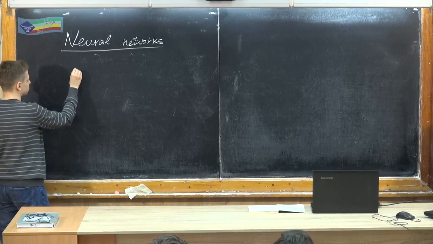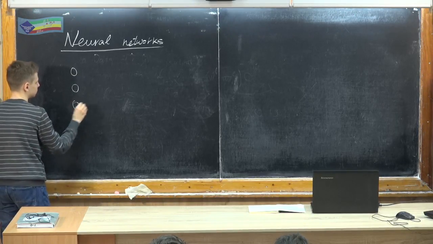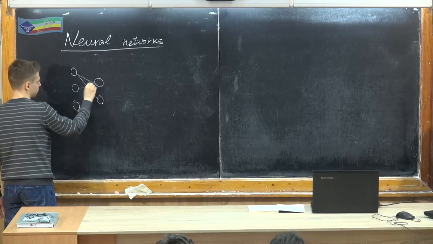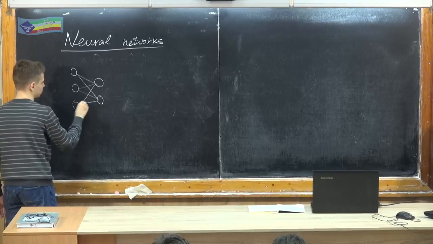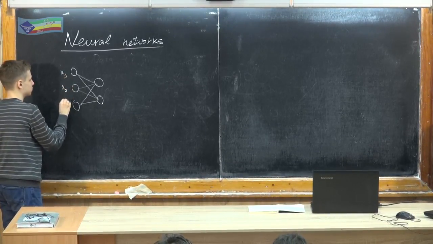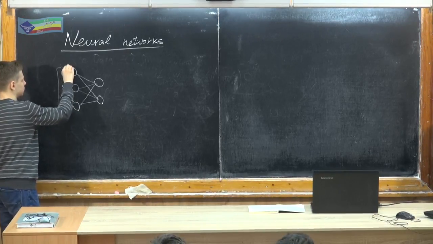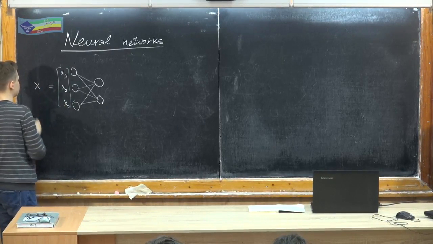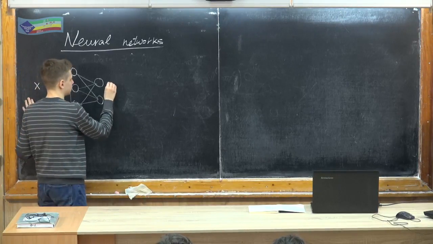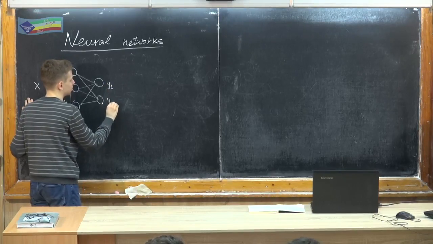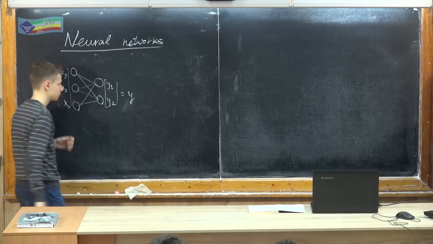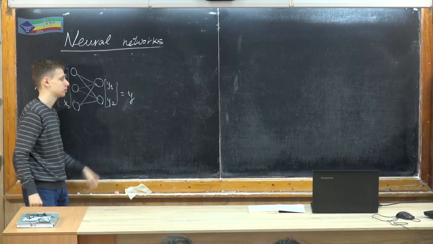We have a neural network without a hidden layer. So we have inputs, which are just a list in Python or a vector, and these are outputs. We know how to calculate these outputs, and this is called the y value.